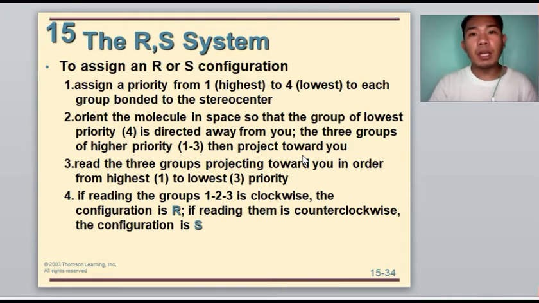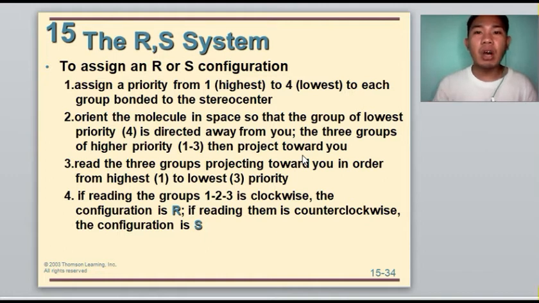Read the 3 groups projecting toward you in order from highest, which is 1, to lowest. If reading the groups 1, 2, 3 proceeds in a clockwise direction, that means to the right, the configuration is designated as R, from the Latin rectus, or straight.